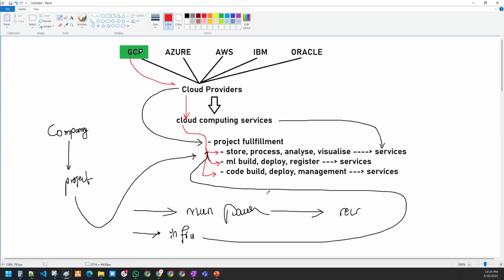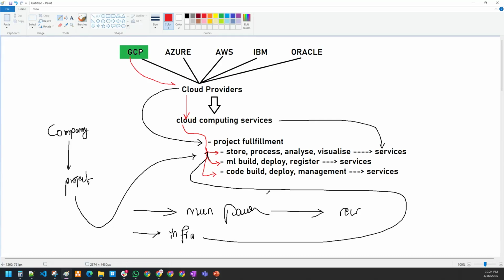GCP is one of the leading cloud providers offered by Google, providing plenty of cloud computing services for your organization for project fulfillment, whether it is data engineering projects, application building projects, ML projects, or networking projects, whatever the project. They provide you a separate set of services. Those services I am calling cloud computing services.